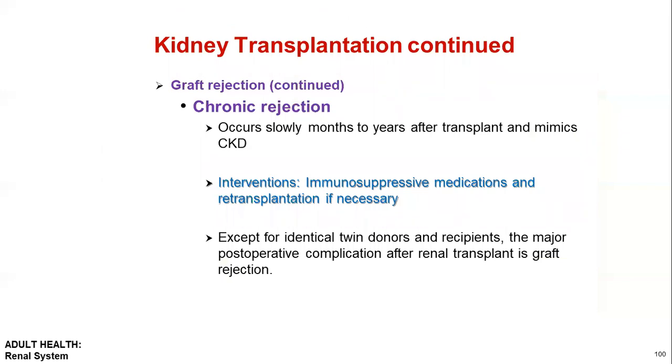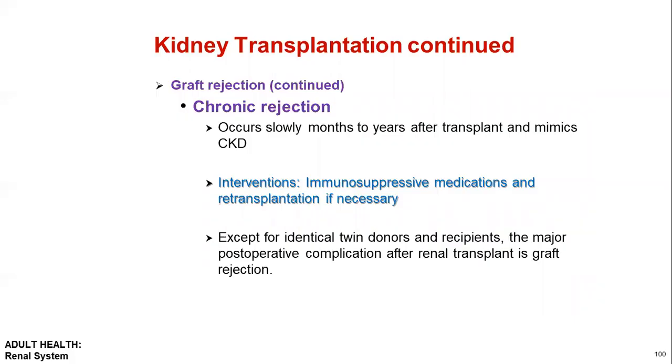Chronic rejection occurs gradually, right? So it occurs slowly, over months to years. What are the interventions? Immunosuppressive medication and retransplant if necessary, right? So that is the main information about the kidney transplant.